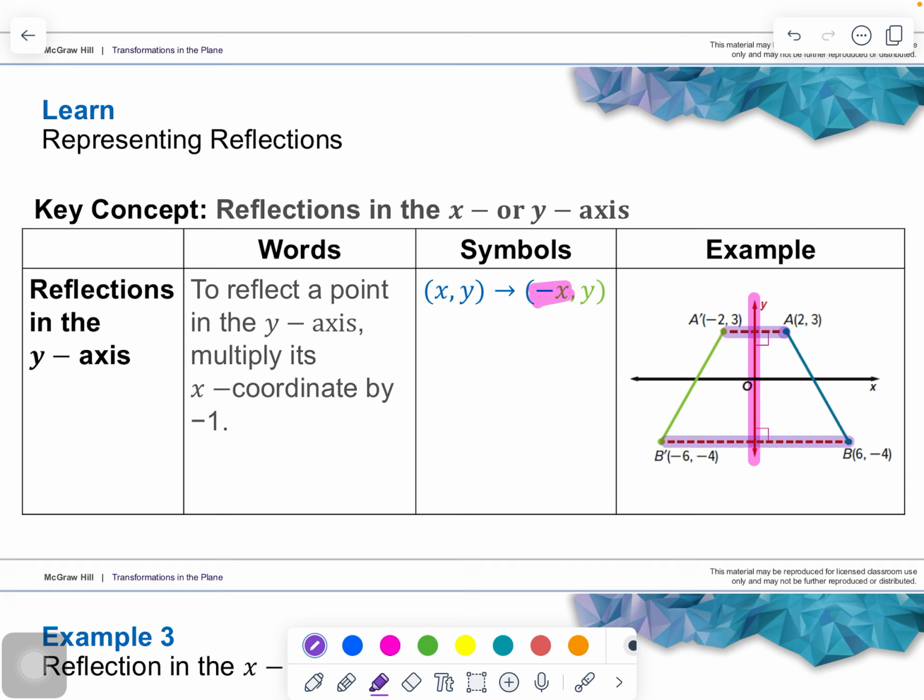So if you're not quite sure where the line of reflection is, you can connect the pre-image to the image points, and the line of reflection will be right down the middle at a 90 degree. The other thing that you'll see, this is kind of cool, is that this segment and this segment will be exactly the same length, and this segment and this segment will be exactly the same length. It will be exactly in the middle of there. So you can always find the line of reflection if you're not sure where exactly it is.